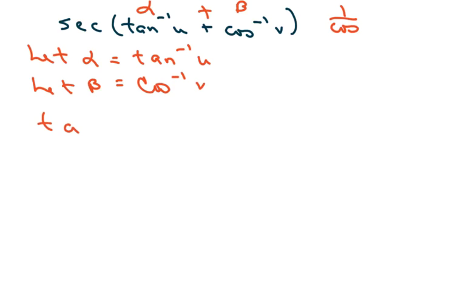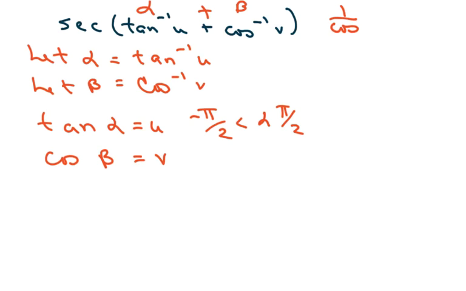So tan of alpha equals u, where alpha is restricted between negative pi over 2 and pi over 2, and cosine of beta equals v, and our restriction is between 0 and pi.